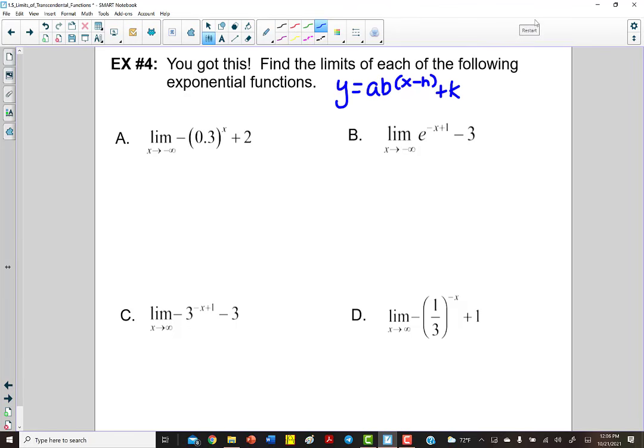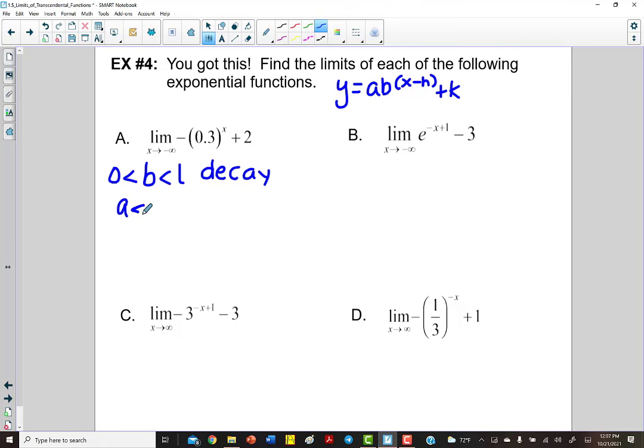Now, in example 3, we want to work through that same kind of reasoning. So here I see my b number is 3/10, so b is in between 0 and 1. That's going to become a decay problem.